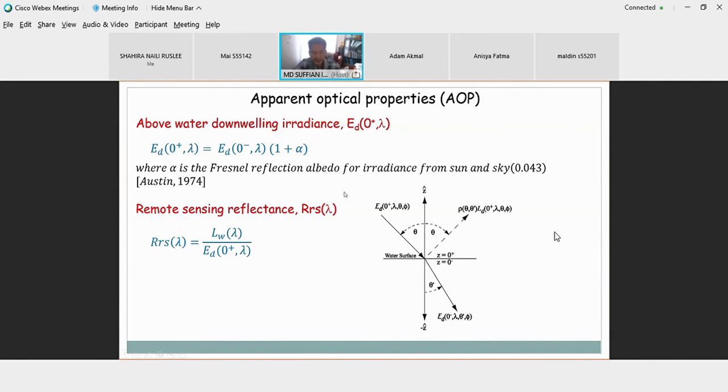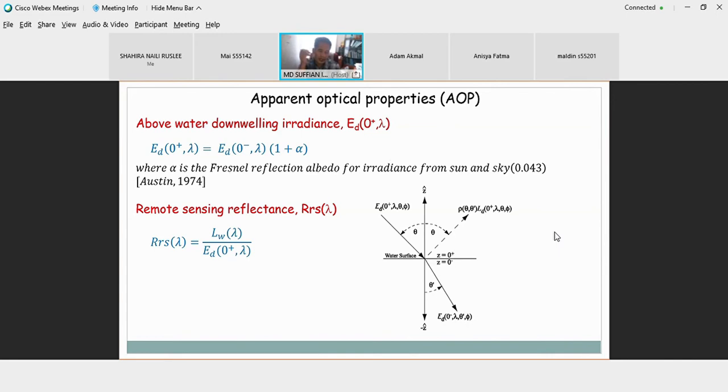If we have data of downwelling irradiance just below the surface, we can measure downwelling irradiance just above the surface. In the lab I can show the spectroradiometer we have, which measures upwelling radiance and also downwelling irradiance.